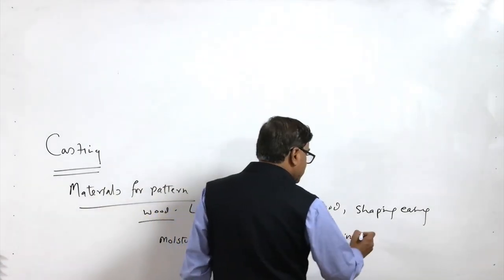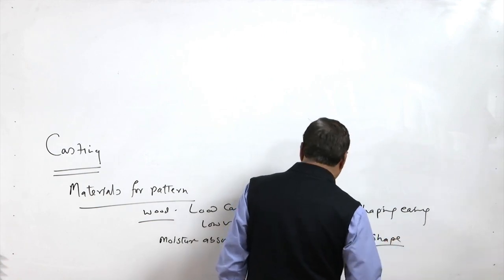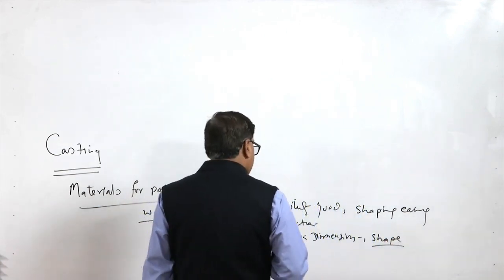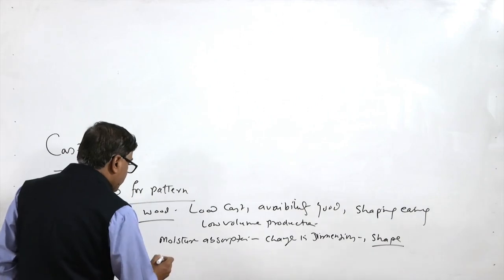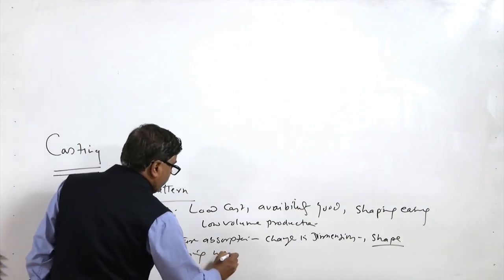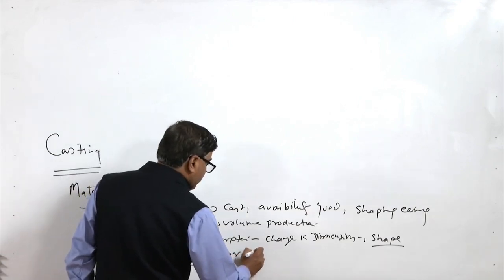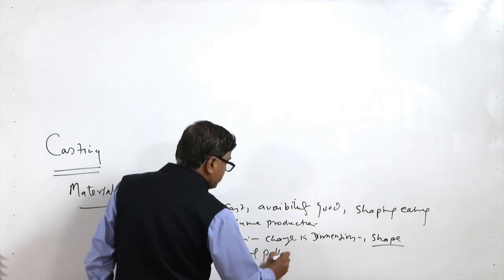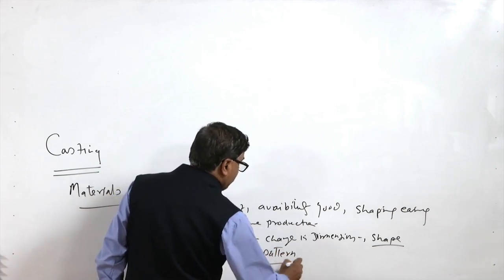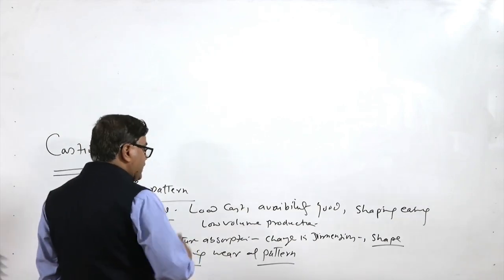So, change in dimensions, or even due to warpage, the shape is also modified, and rubbing with the sand leads to the wear of the pattern. So, that will also lead to the loss of the dimensions of the pattern. So, these are the undesirable features.